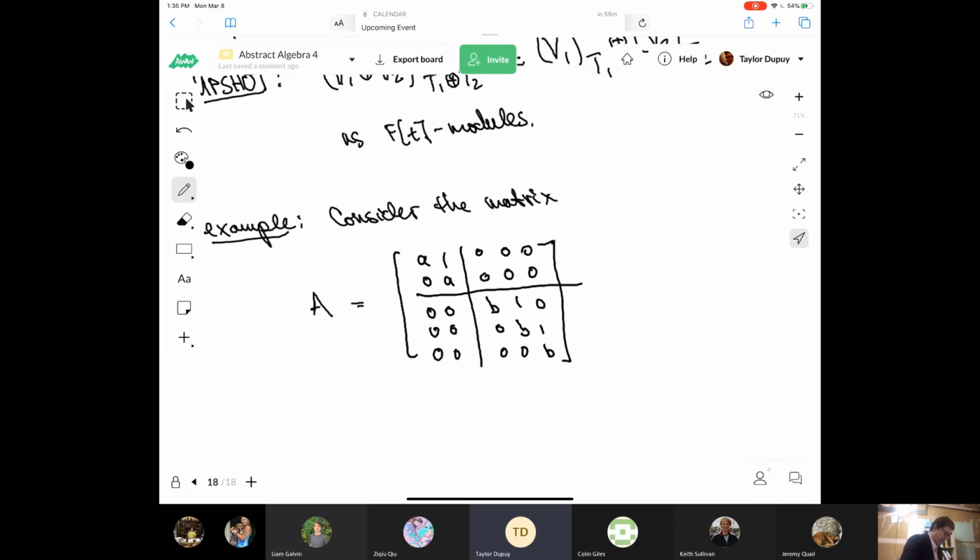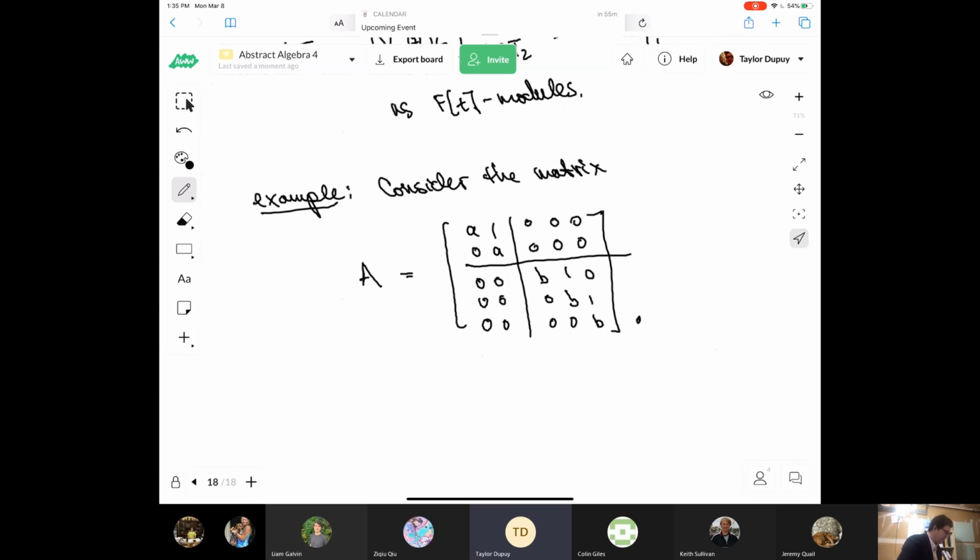So what's the rational canonical form of this? The rational canonical form will be the product of the rational canonical forms of the blocks, but we already know that this thing is already simple, right?